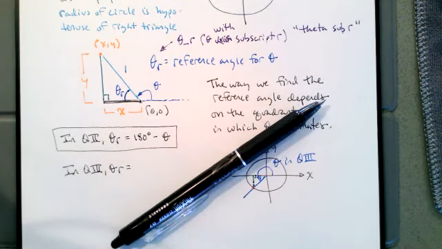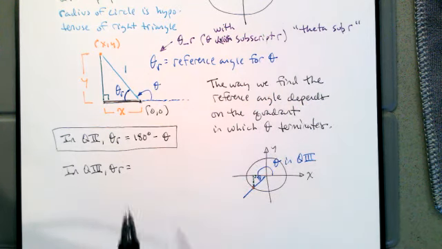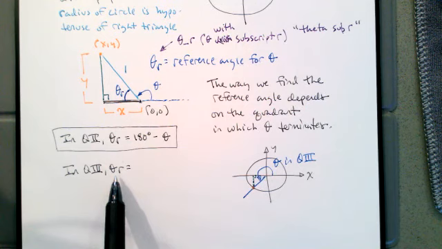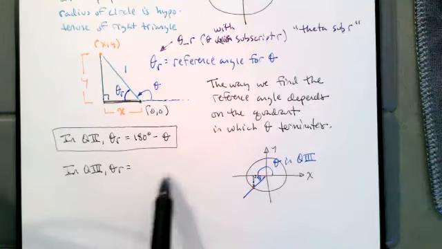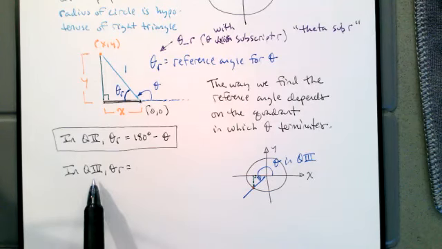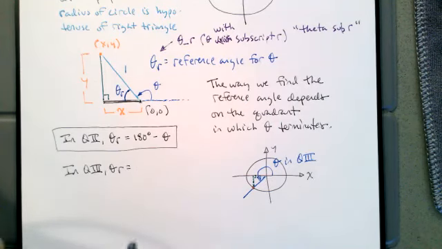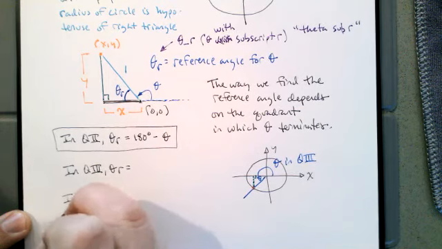So next time, I need you to figure out how to find theta r as some function of theta when theta terminates in quadrant 3, and also do the same thing in quadrant 4.